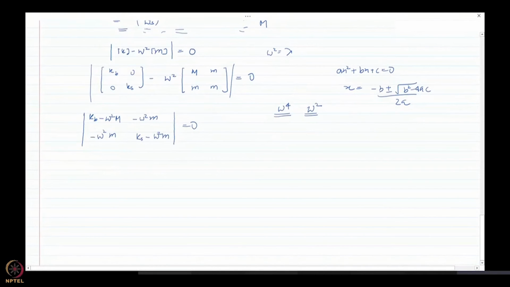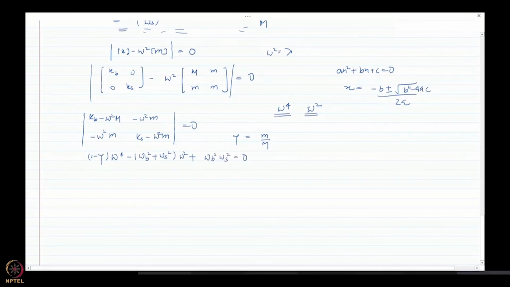Then I can multiply this and rearrange the terms, and knowing that my gamma is actually m by M, I can write this as 1 minus gamma times omega 4 minus omega b square plus omega s square times omega square plus omega b square omega s square equals 0.